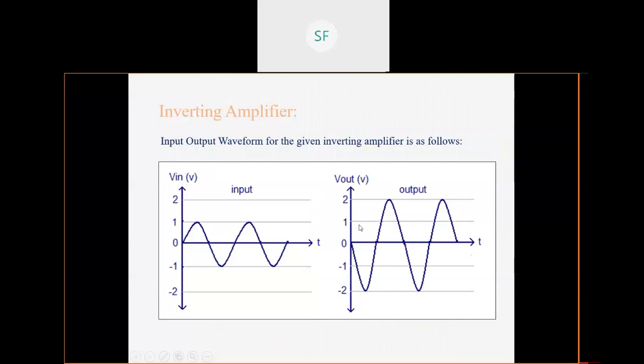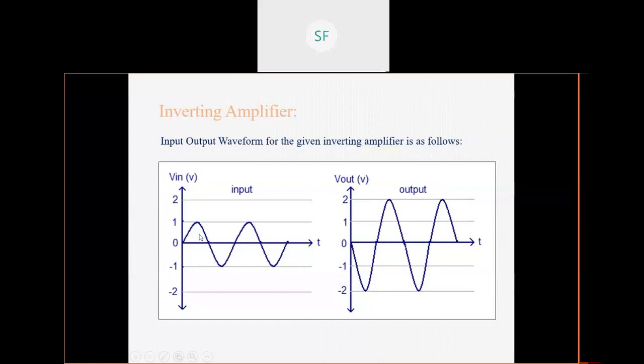So here you can observe minus 4 volt peak to peak. First you have to draw the sine wave having peak to peak value of 4 volt. You can observe the positive peak is here and the negative peak is here, so peak to peak it becomes 4 volt. Now what does the minus sign indicate?